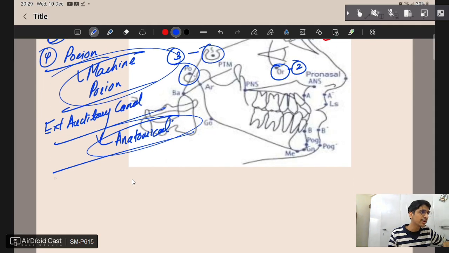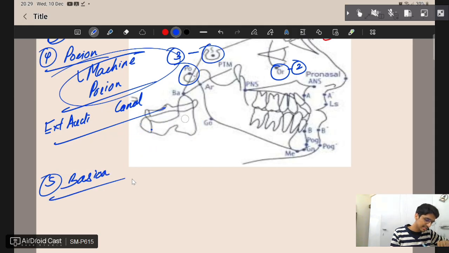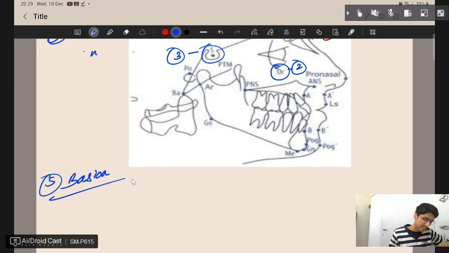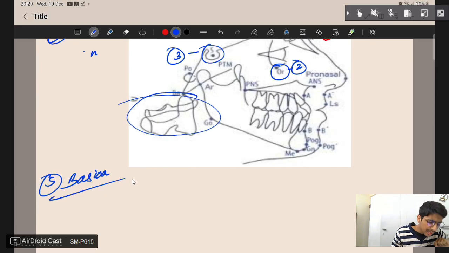Now the next point, basion. I will just erase this so you will be able to see clearly. This is the point basion, which is present in the anterior part of the foramen magnum. This is the skull base, and this hole is the foramen magnum.